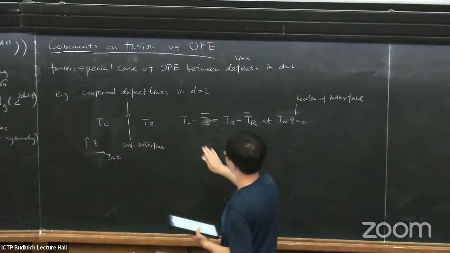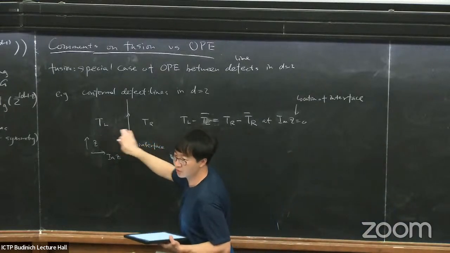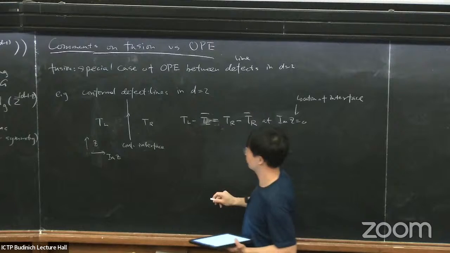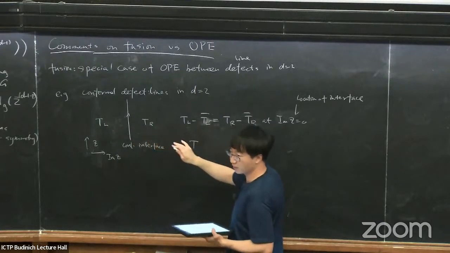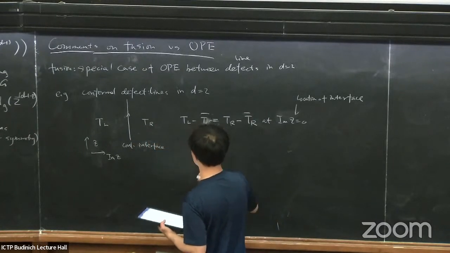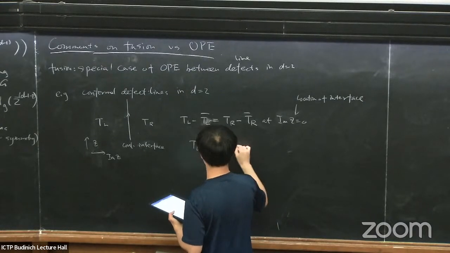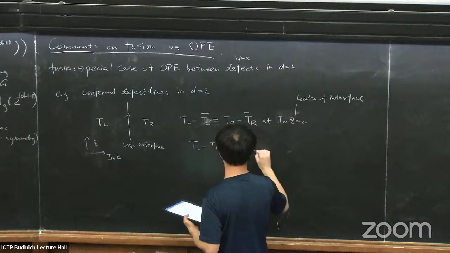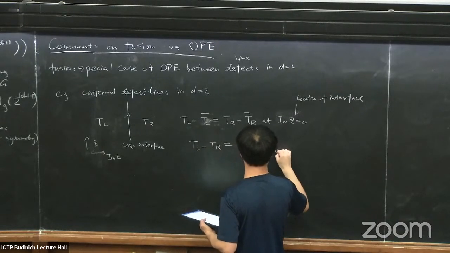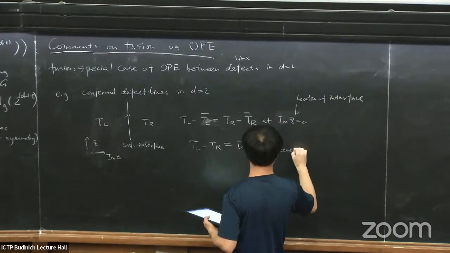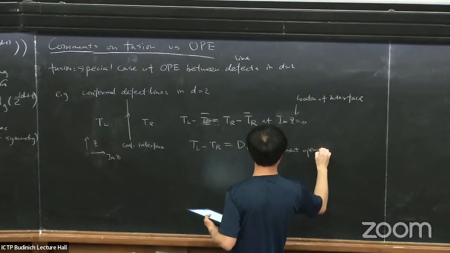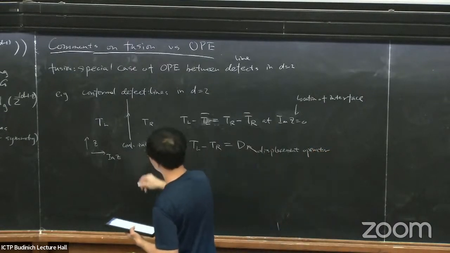In general, there's a discontinuity in the stress tensor for a conformal defect, even in the same theory. The discontinuity in the stress tensor is captured by what's known as a displacement operator, which is the operator on the conformal interface.